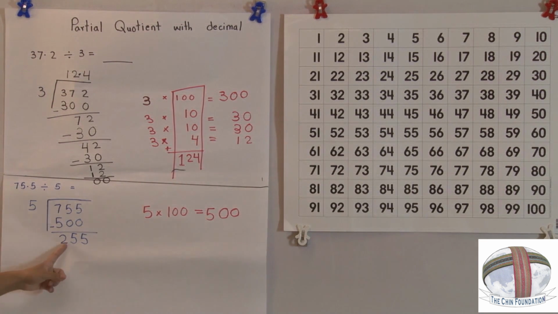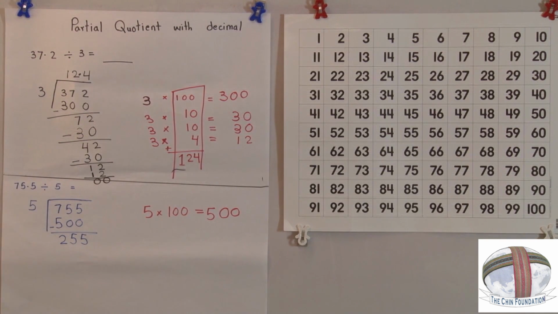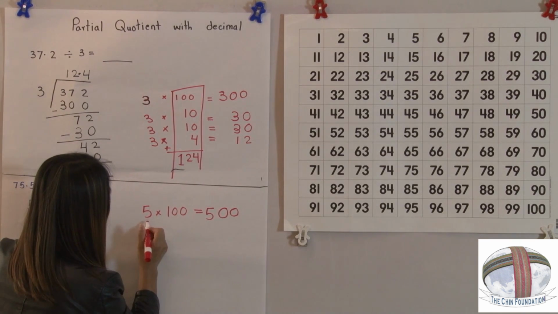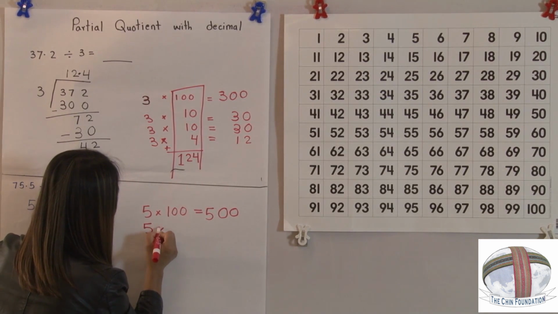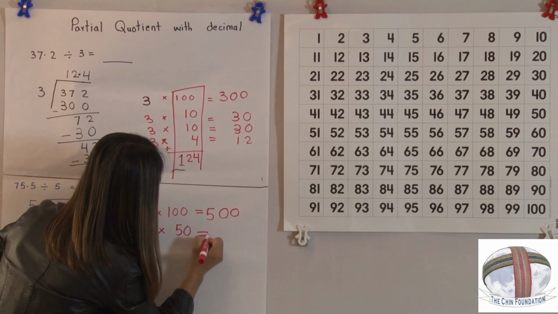I know it's still a 100 number, 255. So we can't do 100 times because 500 is too big. Maybe we can do halfway. What is half of 100? Do you know what half of 100 is? 50. Okay, let's try with 50. 5 times 50 equals.